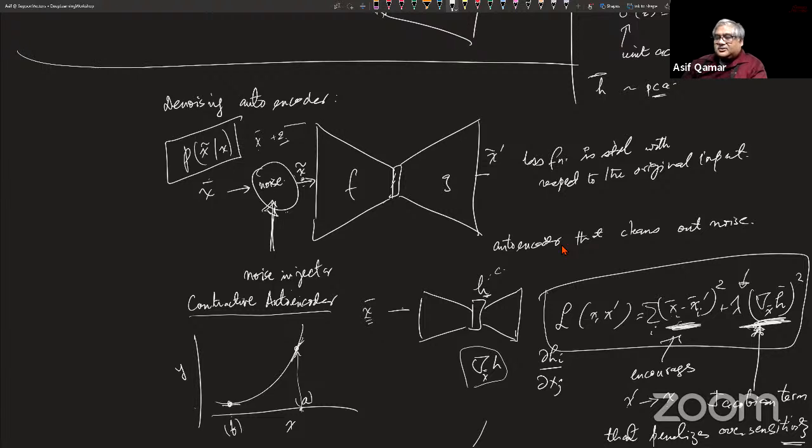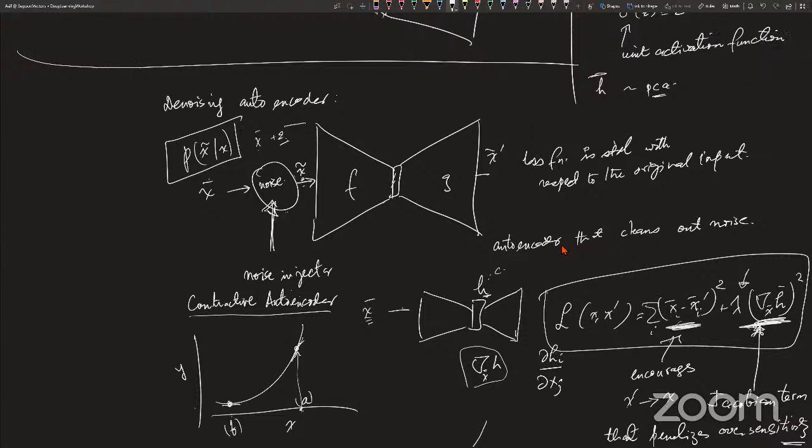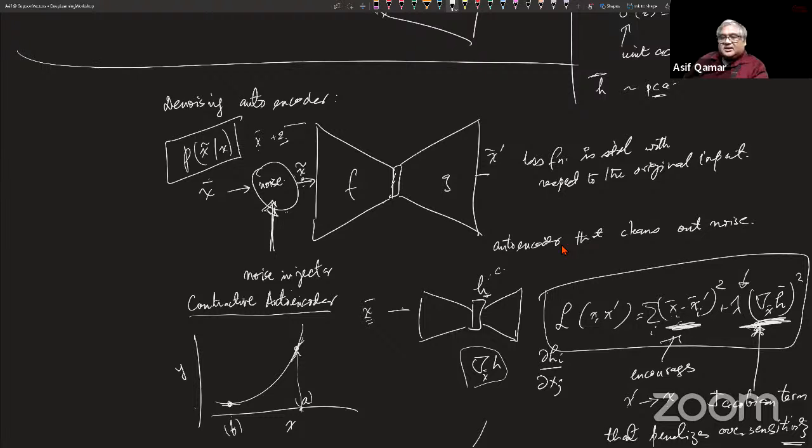It is damping down, making H very insensitive to changes of the input, right? You don't want to make it too big, because then the neural network will say, okay, I give up. H is constant. The minimum loss is when H is constant, and you don't care for this loss, even if the reconstructions are poor.